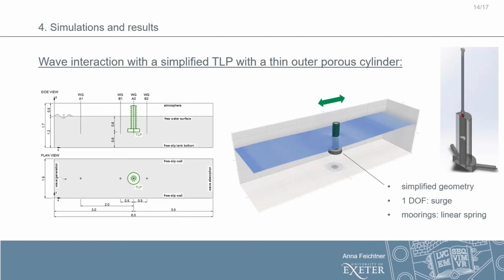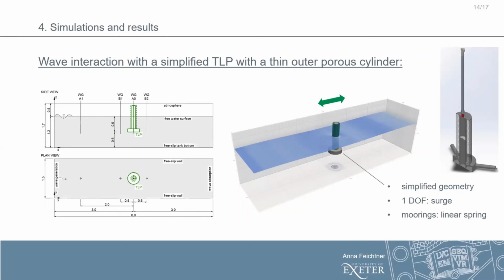The geometry of the actual TLP has been simplified. As you can see, the three legs have been omitted and the motion of the structure has been constrained to surge motion only. In combination with that, the three mooring tendons are represented by horizontal linear springs.